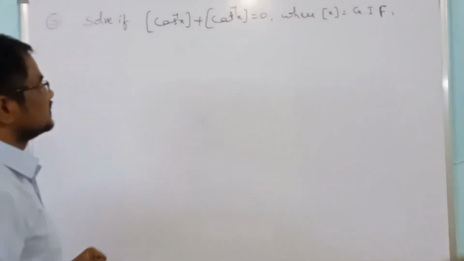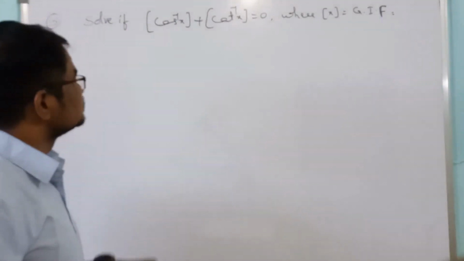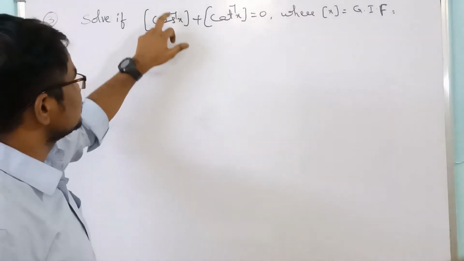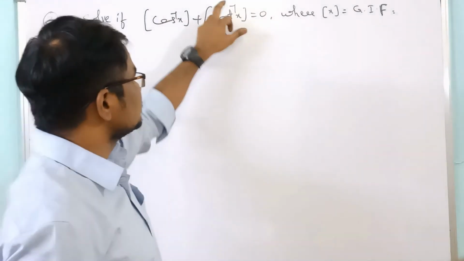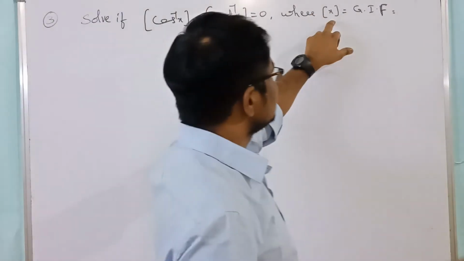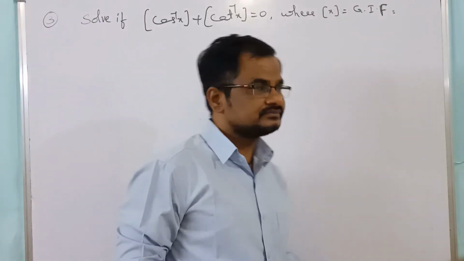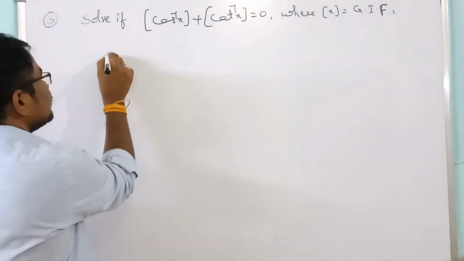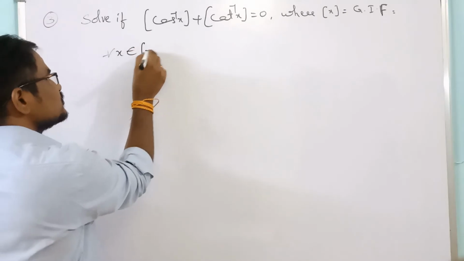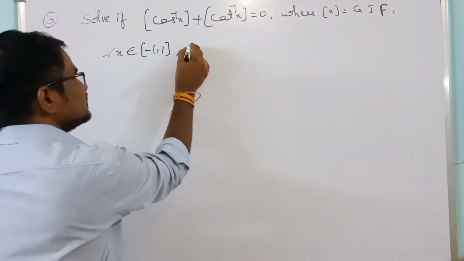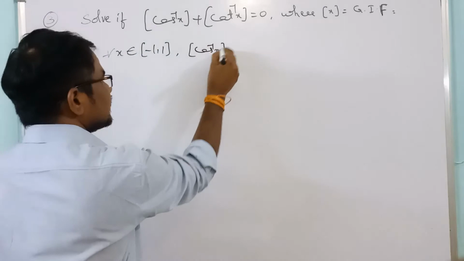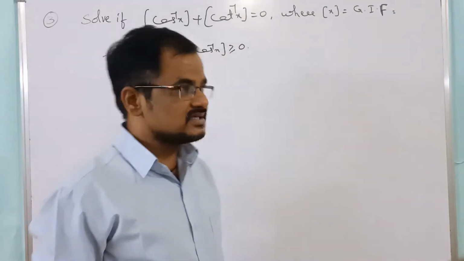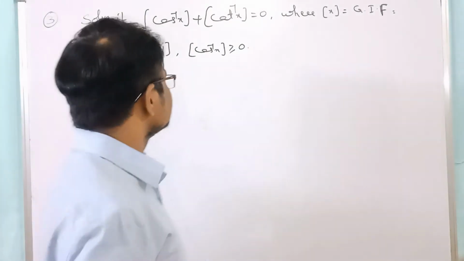Third problem, it is a very important problem. Solve: greatest integer function of cos inverse x plus greatest integer of cot inverse x equal to 0, where this bracket is the greatest integer function. So we know that for all x belonging to closed interval -1 to 1, this is greater than or equal to 0, since cos inverse x exists in closed interval 0 to pi, right?